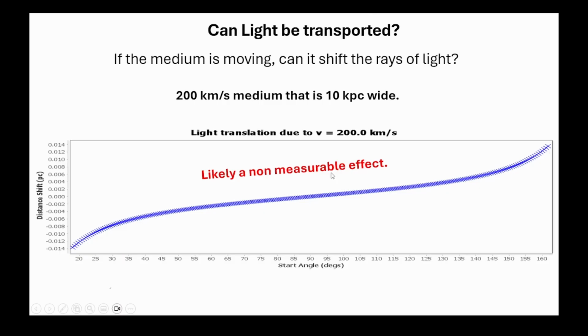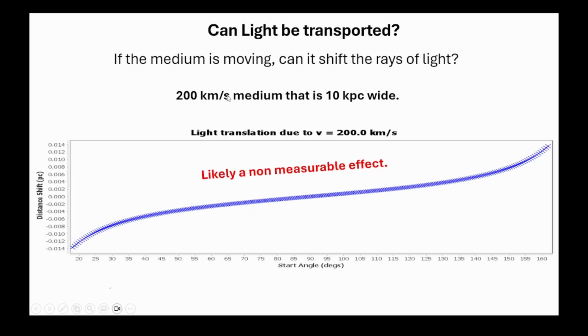Now, we were talking about advection, and there is this slight possibility that light could be advected as it's passing through a medium, and this movement, or this transportation of light, could create optical distortions. If we imagine a really large chunk of space-time particles moving along that's 10 kiloparsecs wide, moving at 200 kilometers per second, and this is kind of my default velocity for a moving medium, because right now we see galaxies moving, or rotating, at around 200 kilometers per second.